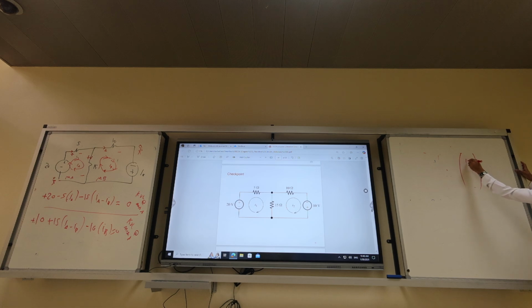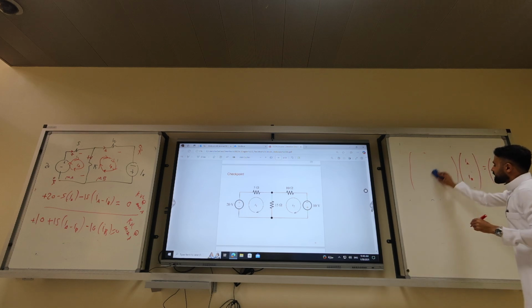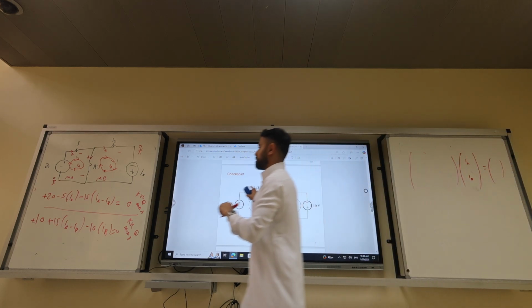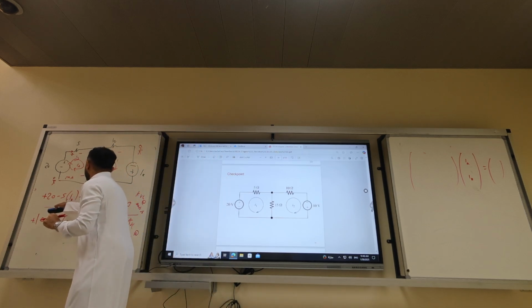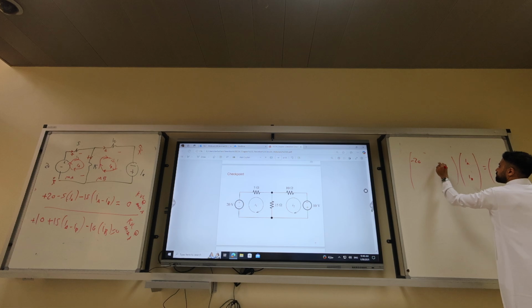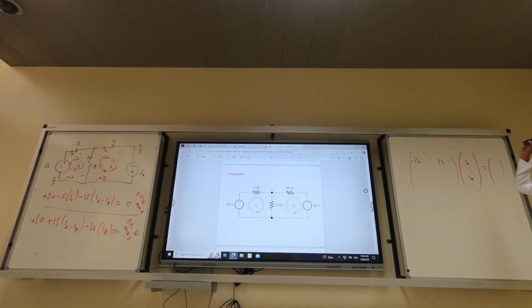Two variables, IA, IB. What's the size? 2 by 2, right? Okay, start. Minus 20 IA. How about IB? 15. What's the constant? Minus 20. So the plus 20 goes here as minus 20.